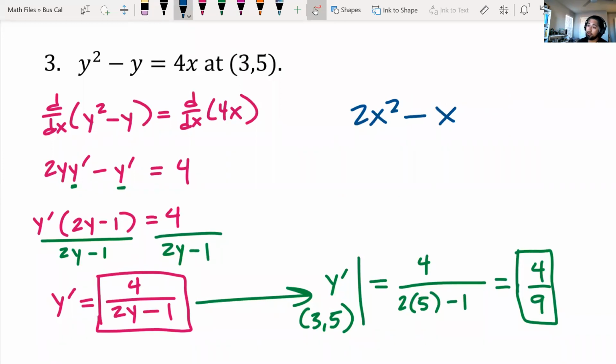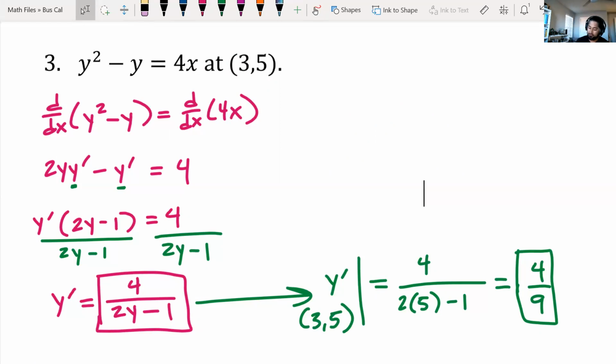What's my greatest common factor here? It'd be the x. So if I factor out an x, what would I be left with? 2x minus 1. Same concept, just different letters and notations, right? Yeah, it's just algebra.